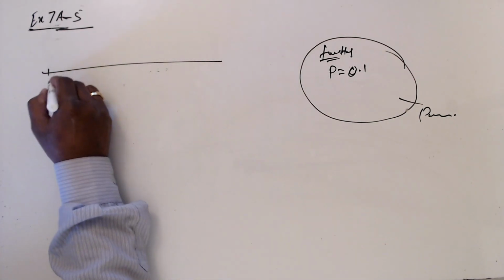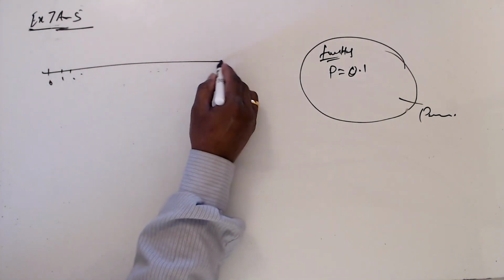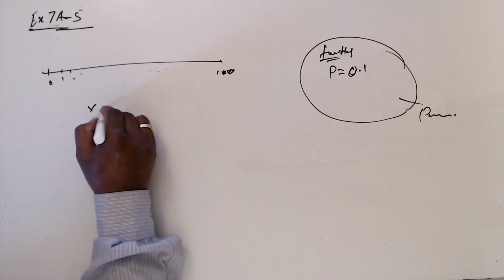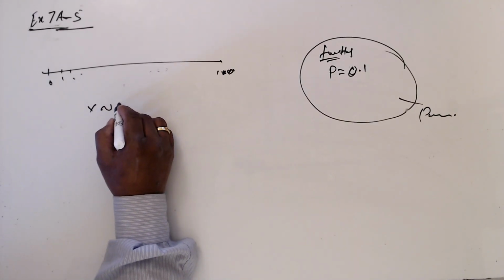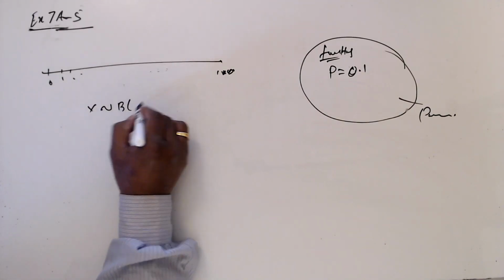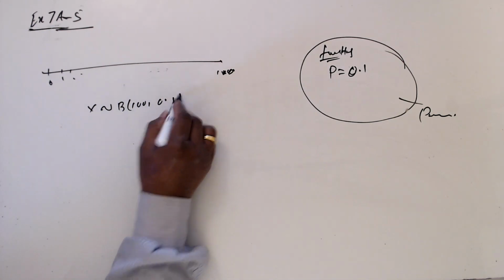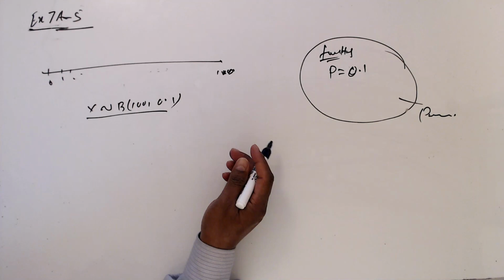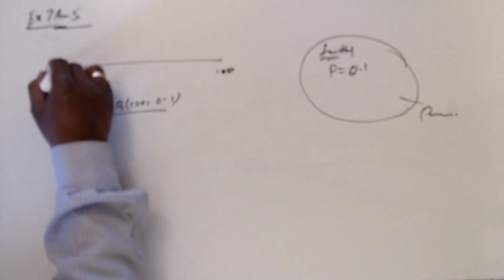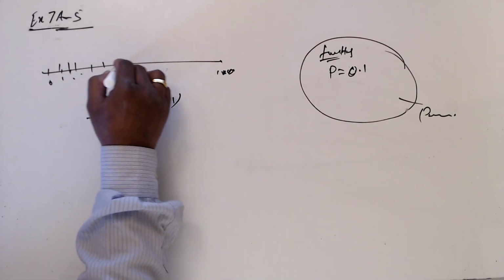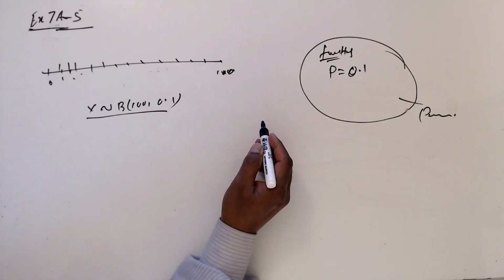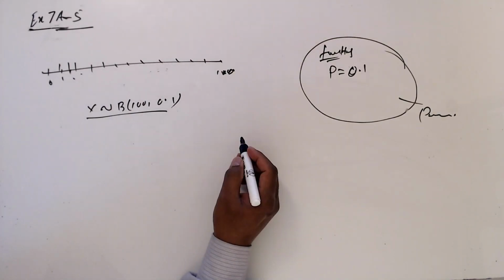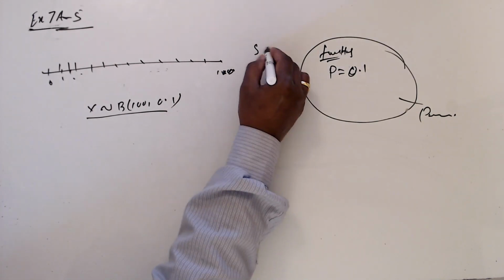If you pick up 100 samples, we believe this follows the binomial distribution with 100 and 0.1, and then we develop the probability distribution, and there is a threshold. They have given a 5% significance level.